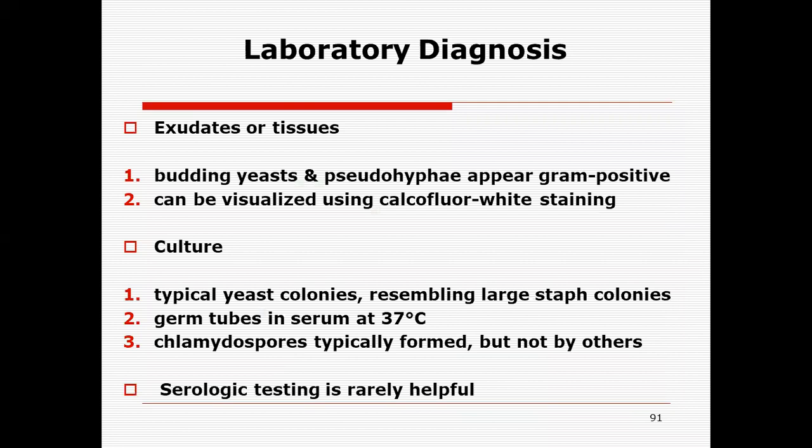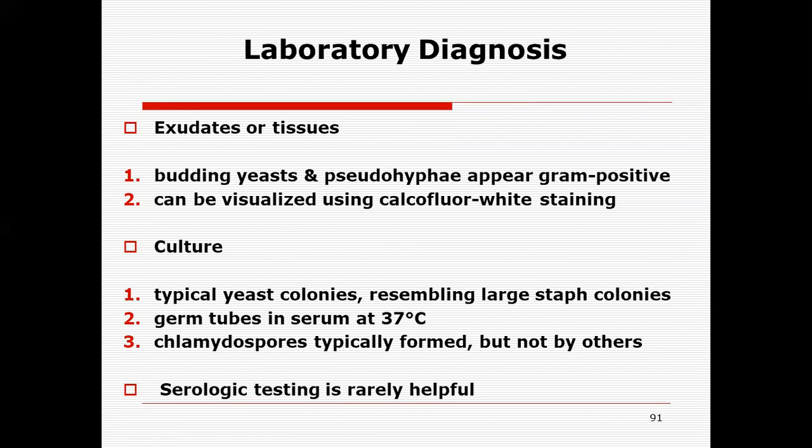Now the laboratory diagnosis is based on the exudate or tissues. We can identify the budding yeast with pseudohyphae if we stain the organism with the Gram stain procedures. But they can be visualized using another stain, what we call calcofluor white staining.